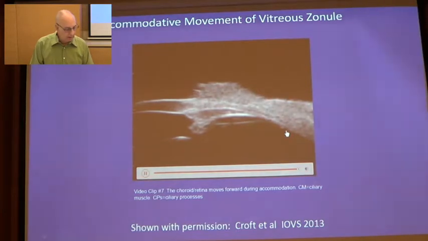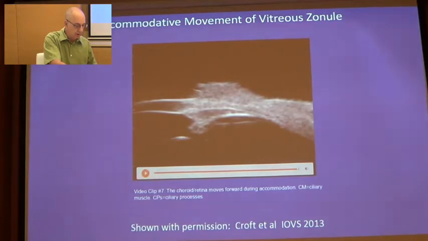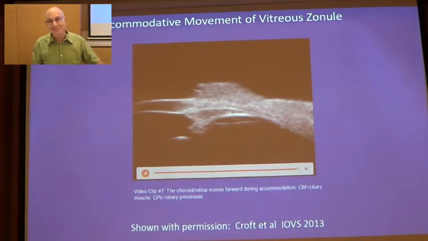Notice the region where the posterior zonules pull the choroid and the overlying retina. See if we can get that to play again. Sorry. But here in the pars plana, the retina is being pulled forward, and it took a long time for people to really believe that that was occurring.